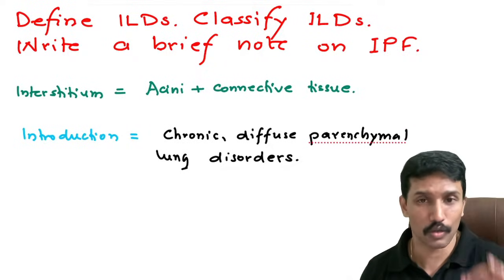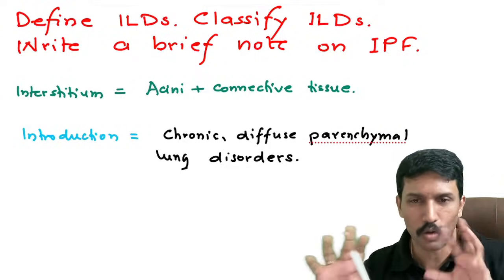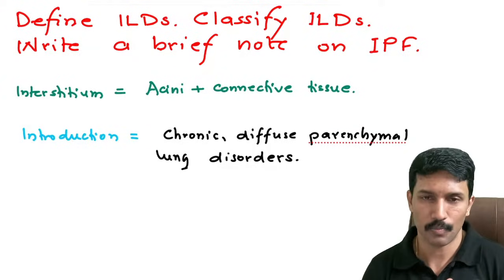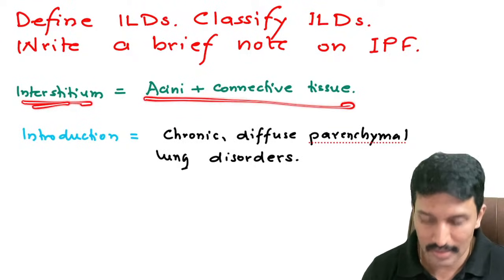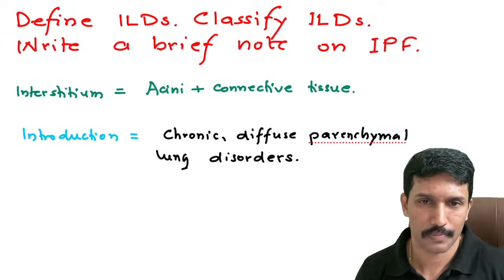Means diseases which are chronic. They are not selectively affecting only one lobe. They are not selectively affecting only one lung or only one lobe. They are affecting both the lungs. And they are parenchymal disorders, means interstitial disorders affecting acini and connective tissue. Then we will call it as ILDs.